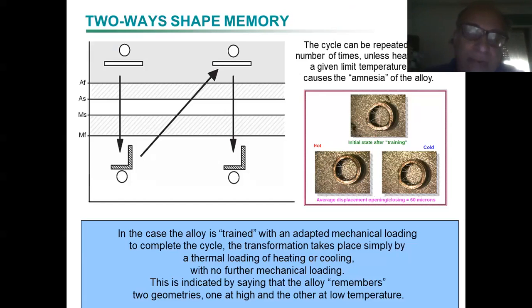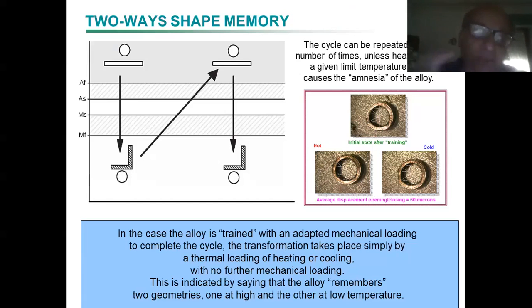So you apply that training with some mechanical loading, because you remember that you could also use the transformation into martensite by an adapted mechanical loading, a kind of plastic deformation induced transformation, which is something which is done also in metals and in steel, and of course at that point you have two different shapes, two different geometries, which can be retained at low and at high temperature.